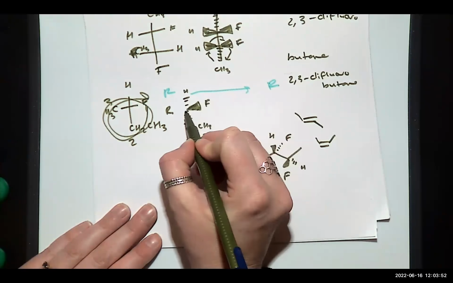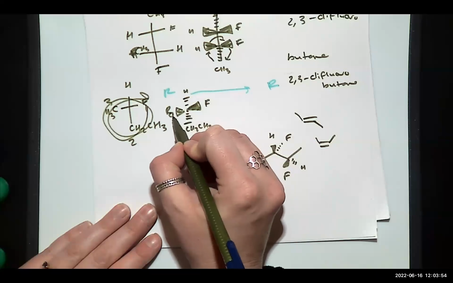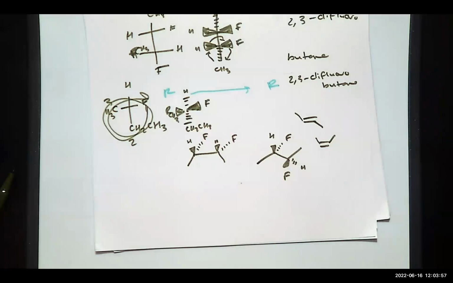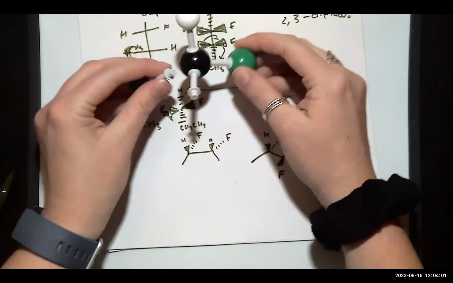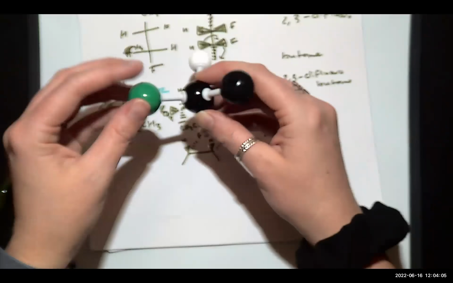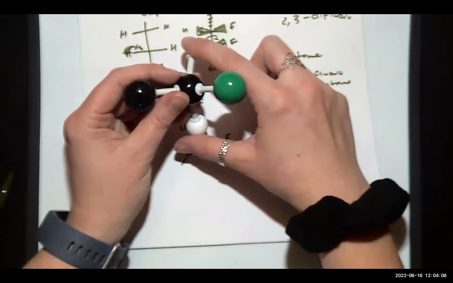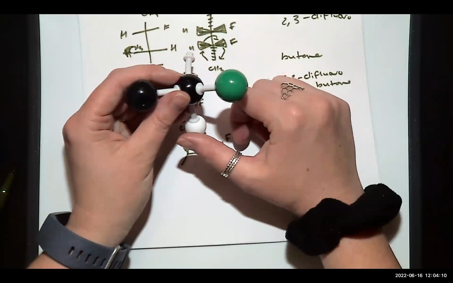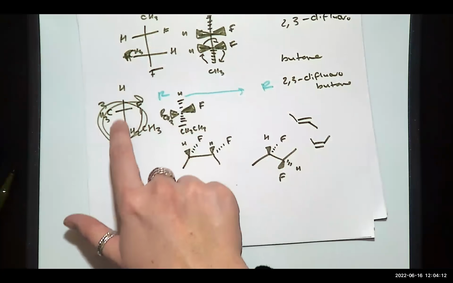Fluorine and CH3. So if you have a single molecule, you're looking at it from this angle, where two are coming towards you, two are going away from you, if that makes sense. But we just draw it as a cross.